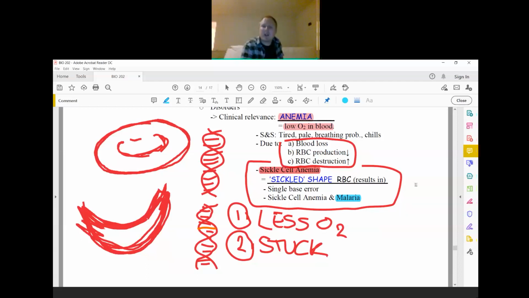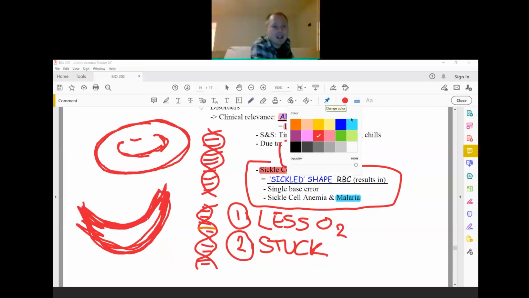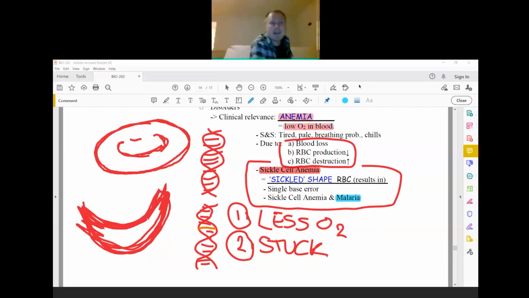Well, why would this be important? Malaria is a parasite. It's not great to have malaria, but malaria normally enters inside the red blood cell, multiplies there in numbers, and once it has multiplied in enough numbers, it leaves the red blood cell by ripping and killing it. So not great to get malaria, right?